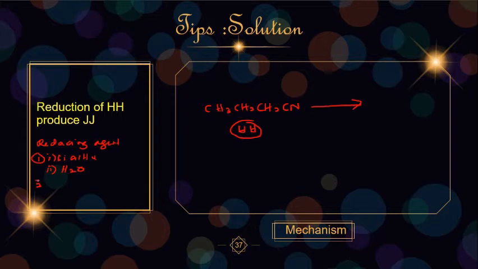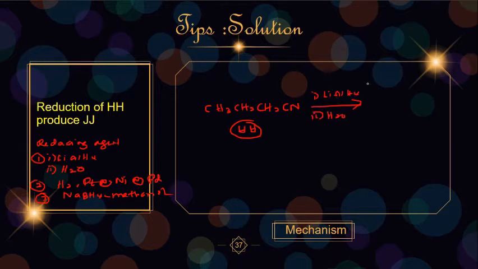Second, you can use hydrogenation in the presence of platinum, nickel or palladium. Third, you can use NaBH4 in the presence of methanol as the reducing agent. So you choose. I want to choose lithium aluminium hydride followed by H2O.